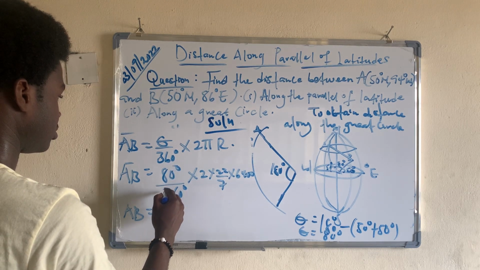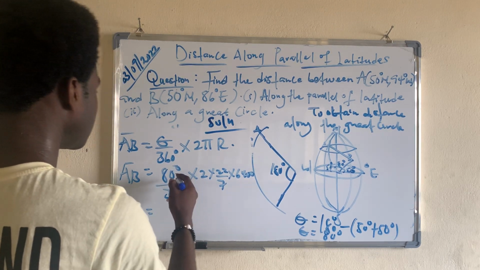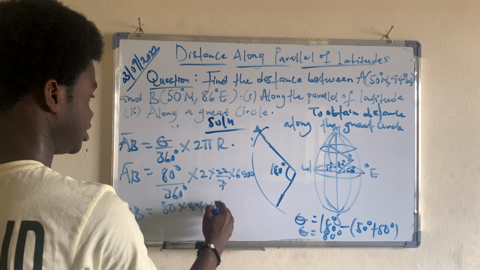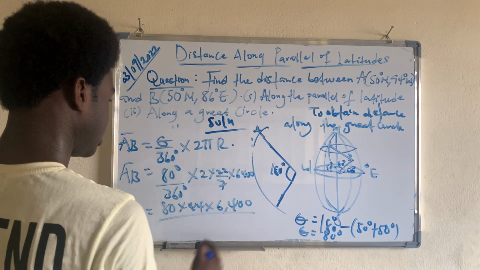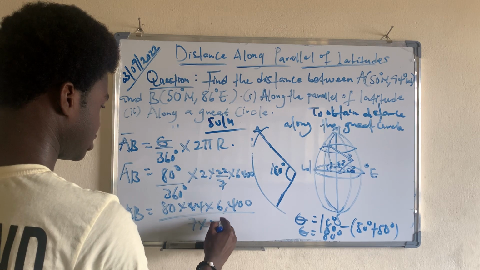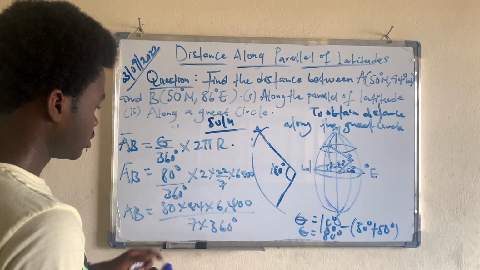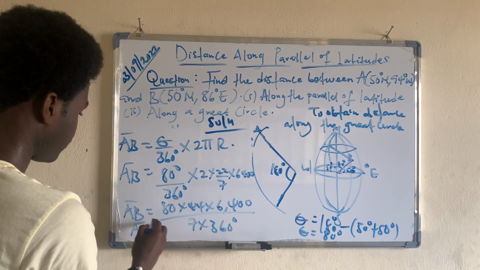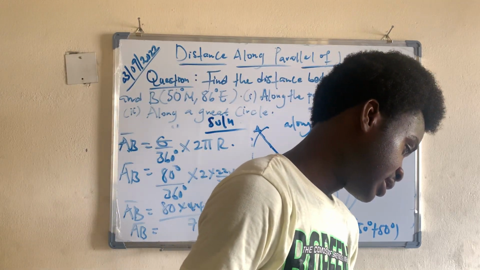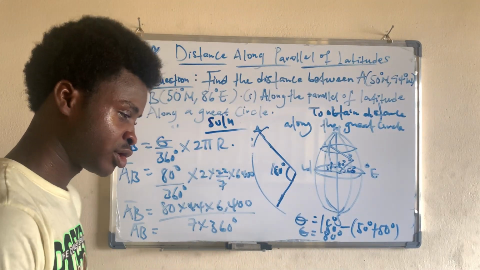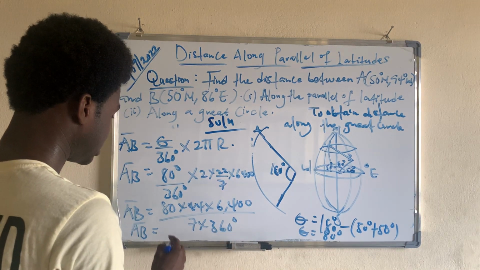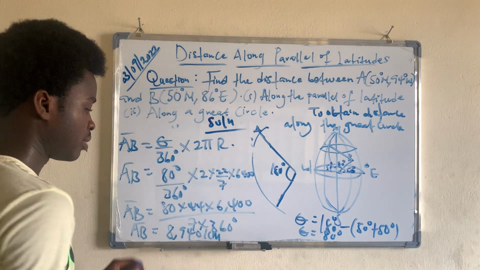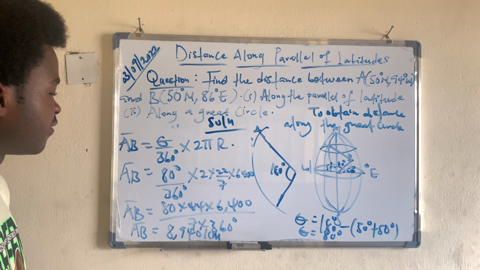This is 80 by 44 by 6,400 over 7 by 360. When we punch this in our calculator, we have 8,940 kilometers approximately.